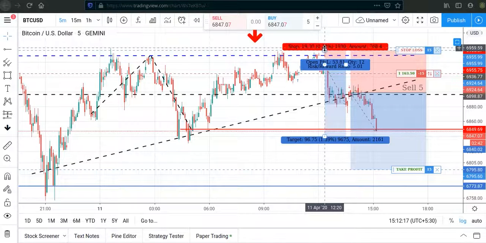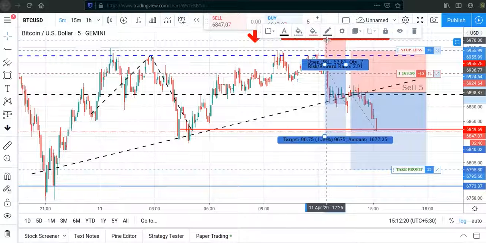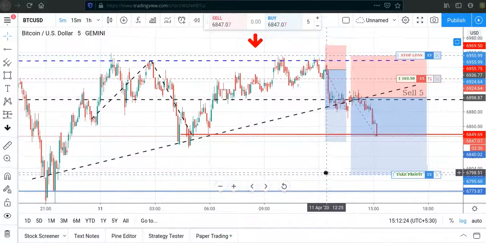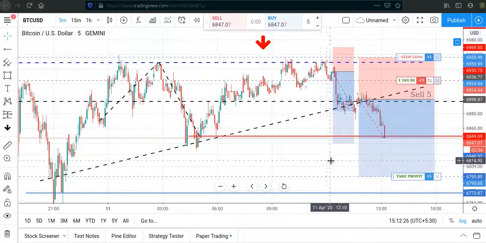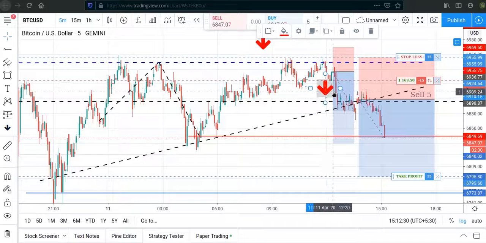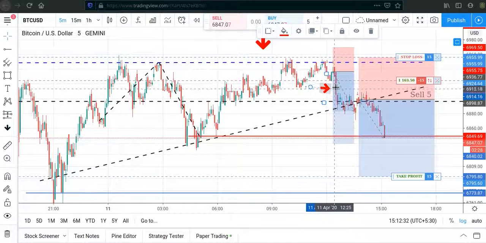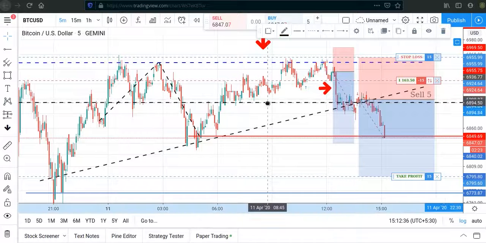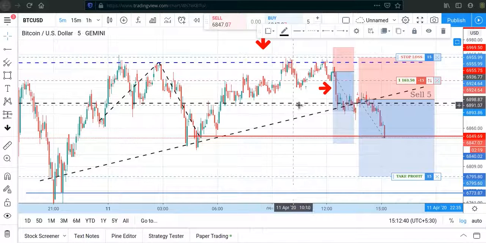Initially, this trade was like the 1:3 that I was looking for. And when this fell very hard, like this big red move, I decided to stay in. Usually I take partial profits when I reach a support area, support lines like this.